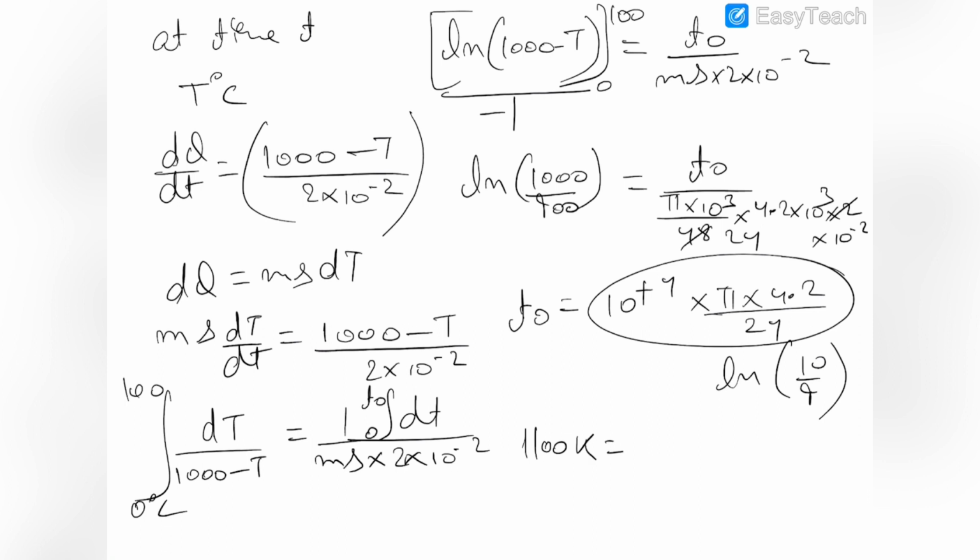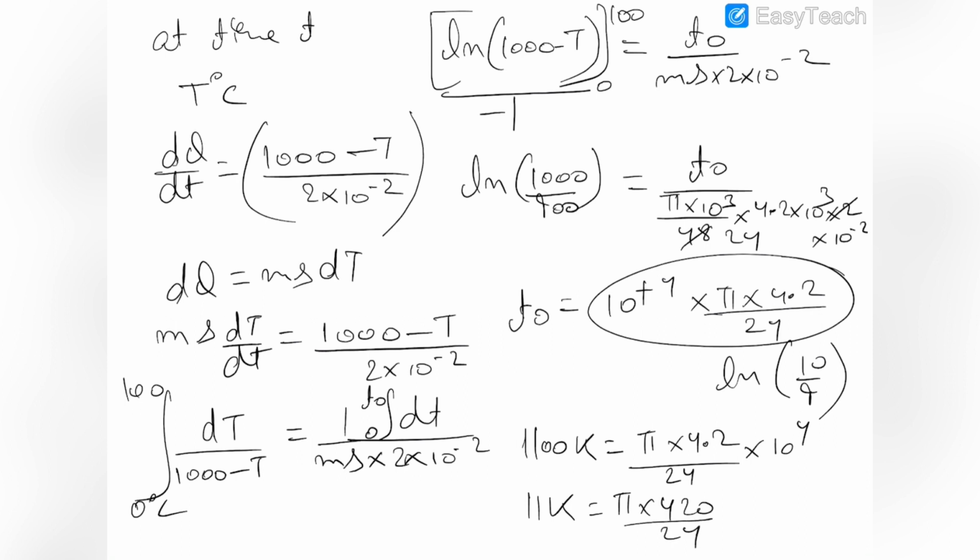And this is pi into 4.2 divided by 24 into 10 raised to power 4. So this is 11k is equal to pi into 4.2 divided by, in fact, we can write it as 420 divided by 24.